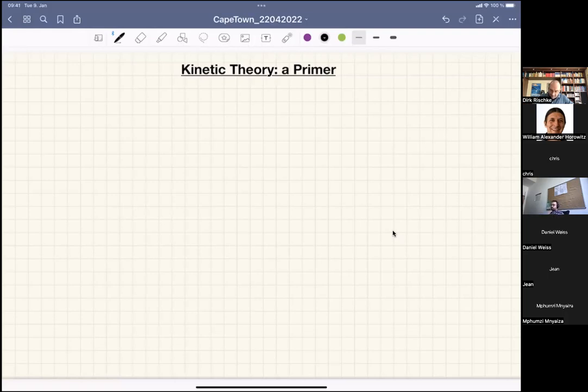I'll write down something everybody has seen before, Newton's second law, which I write in the form P dot, the time derivative of the momentum, is equal to the force.